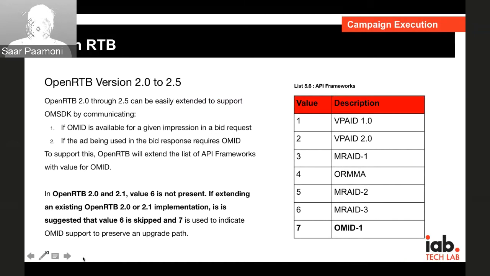Small note that there are some versions of OpenRTB that don't have ID 6, so we recommend skipping ID 6 altogether and just going to 7 when you're adding the Omid ID.